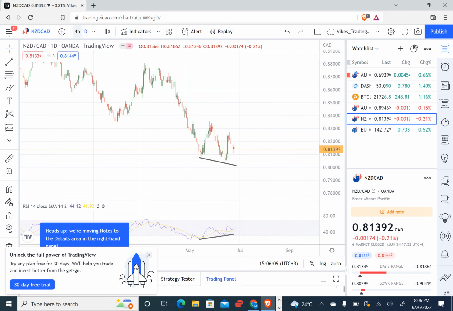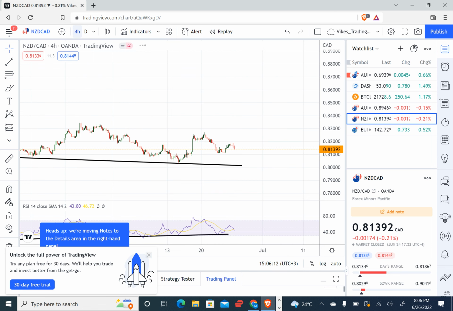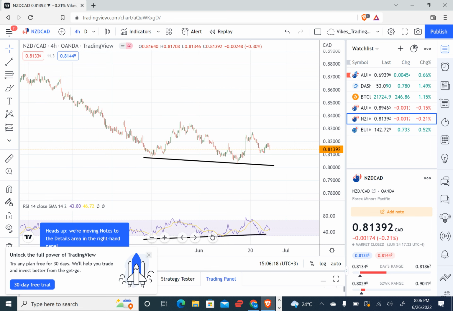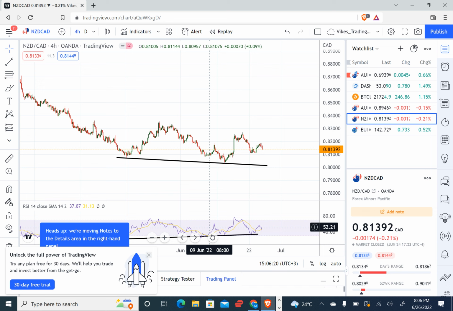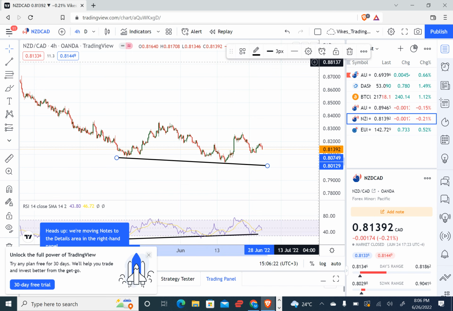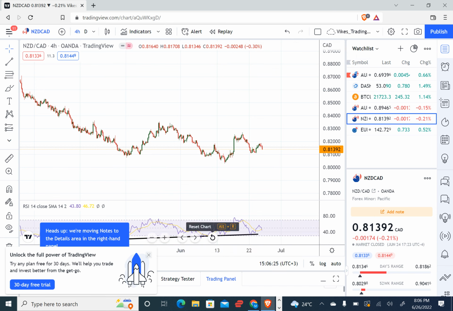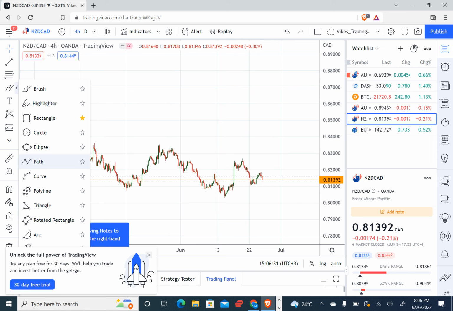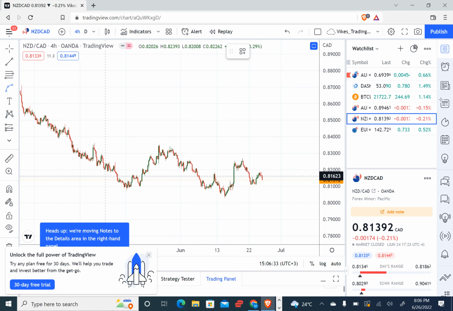So we go to our 4-hour time frame. I'll remove this one. I'll also remove the RSI right now. Okay.